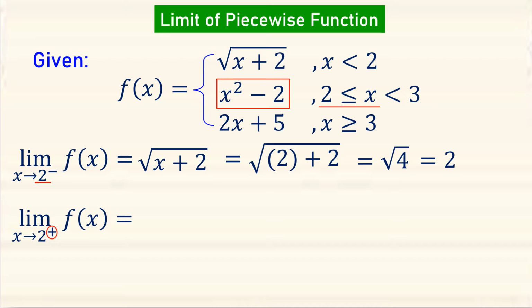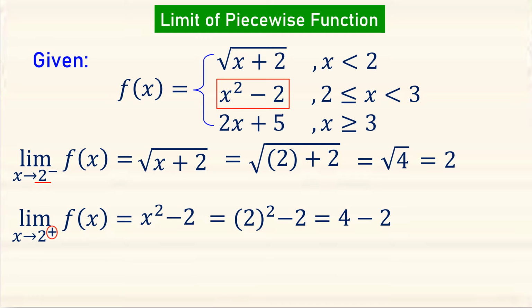We are going to use x squared minus 2, and then substitute the value of x. So we will be getting 2 squared minus 2, which is equal to 4 minus 2, which is equal to 2. So the limit of f(x) as x approaches 2 from the right is equal to 2.